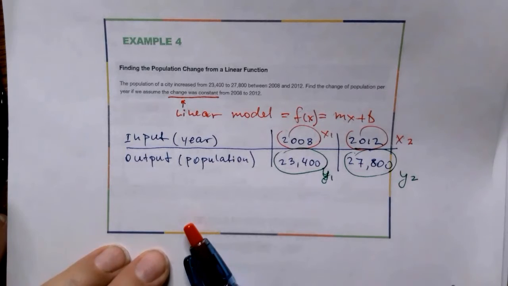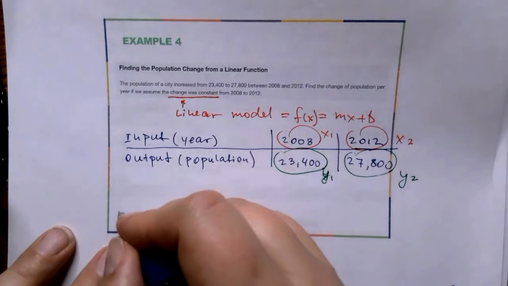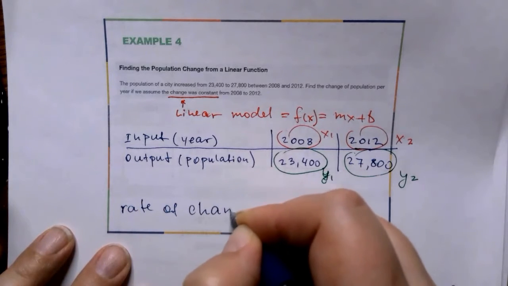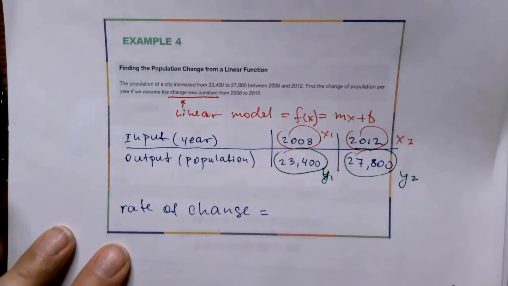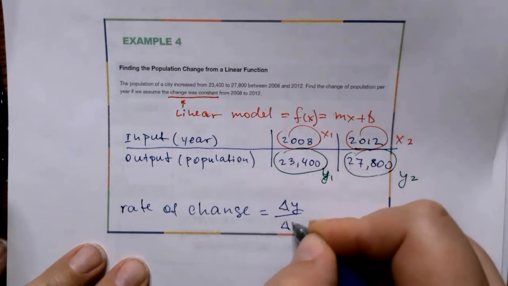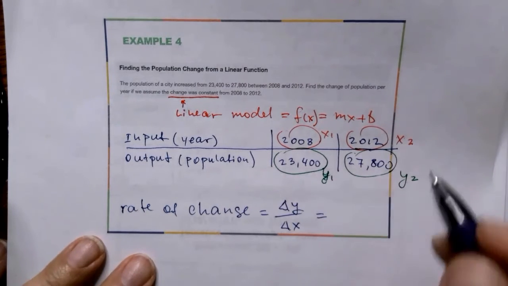Okay, so to find the rate of change, remember it's the same as slope, a rate of change, but it's a more mathy way of talking about it, delta y over delta x, where delta y is y2 minus y1.